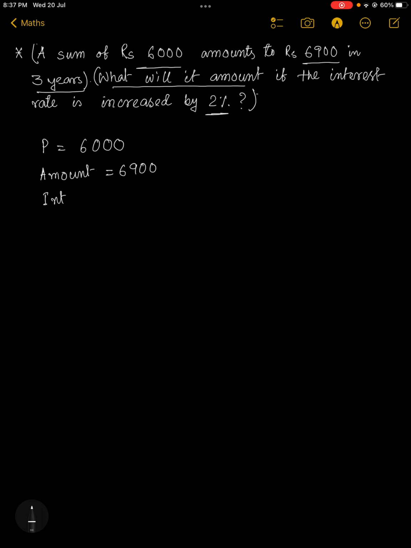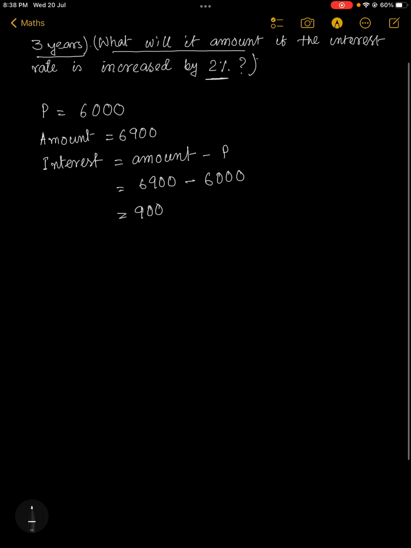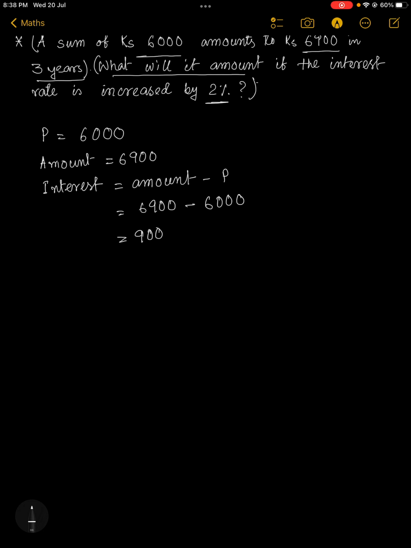The interest will be amount minus principal, so 6,900 minus 6,000, that is 900. Now it is also given that time T is equal to 3.